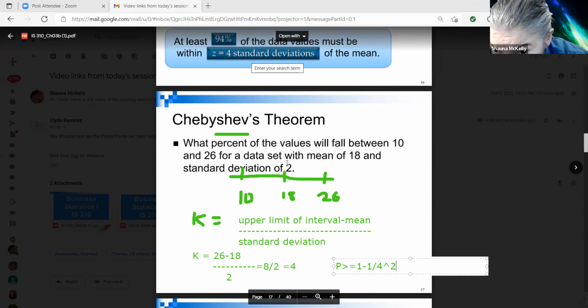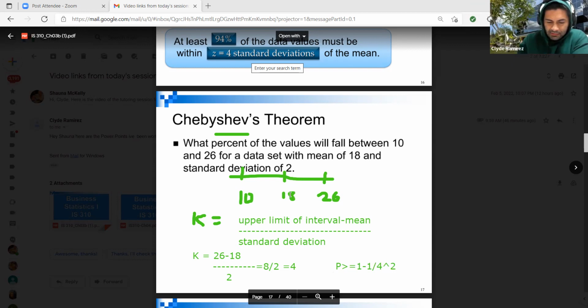The reason you're putting the mean in the middle like this is because you need to figure out how far you are from either side of the interval. And they have to be the same. You have to be the same distance from the left side of the interval as you are from the right. So in that sense, the mean is in the middle of the interval, but the distribution isn't necessarily normal.